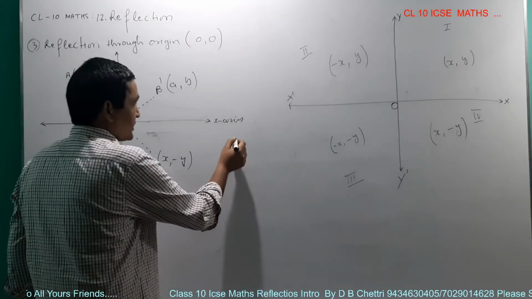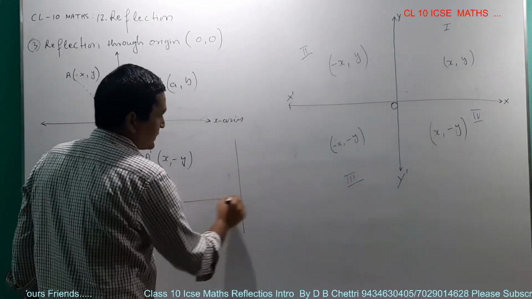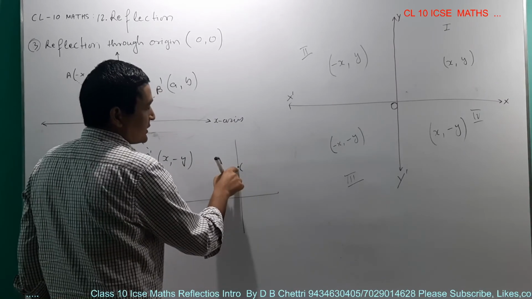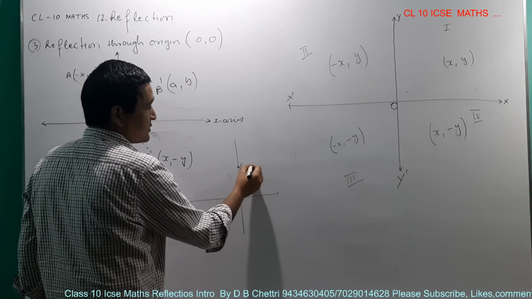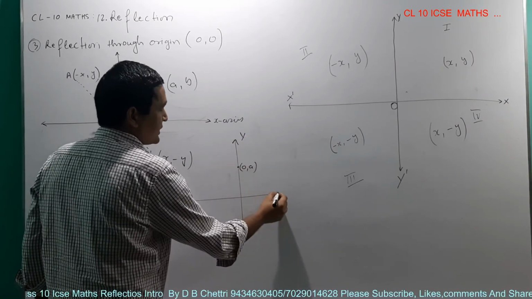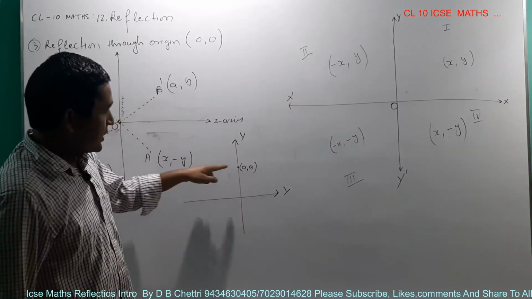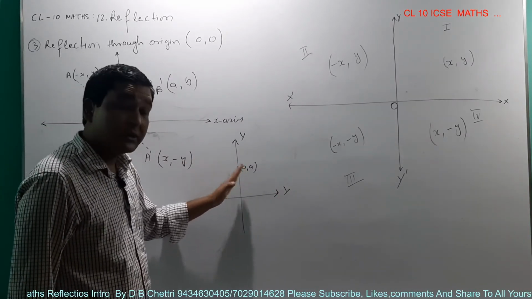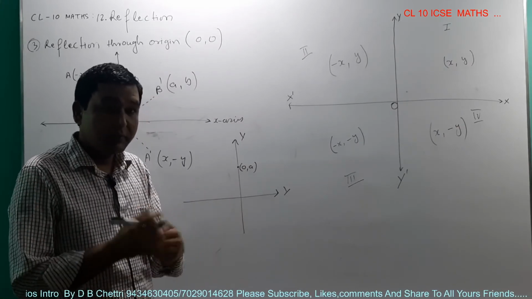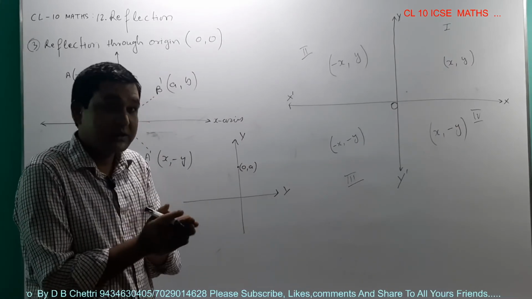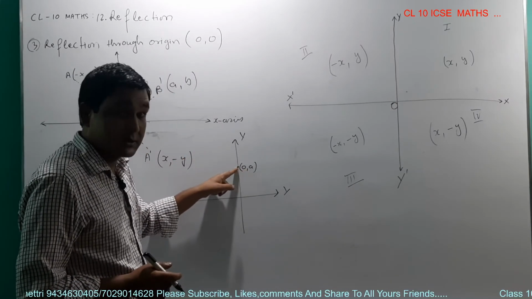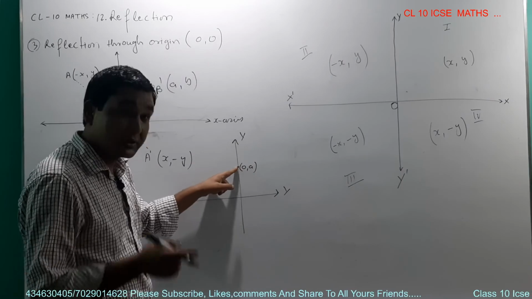Suppose this is the mirror, and the point is here. Suppose this is the y-axis and this is the x-axis. Remember, invariant point means that after finding the image, the coordinates remain the same. Suppose the point is on the y-axis.